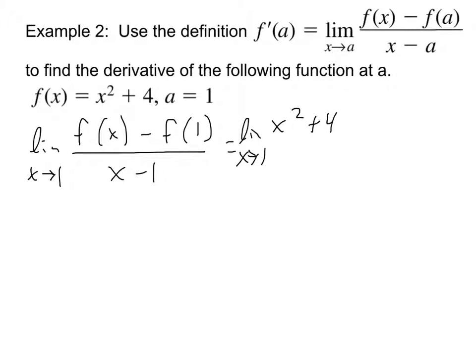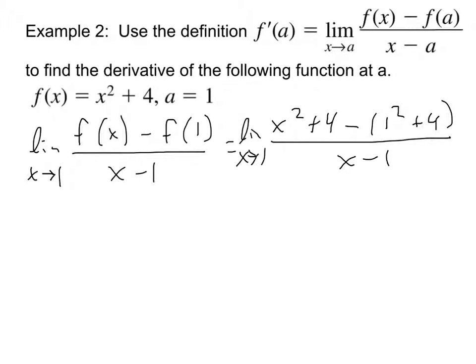Okay, so there's the f of x minus f of a. It's not x anymore, it's a squared, which is 1 squared plus 4, all over x minus 1.